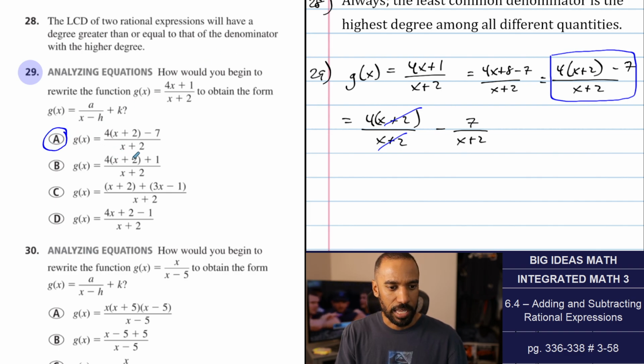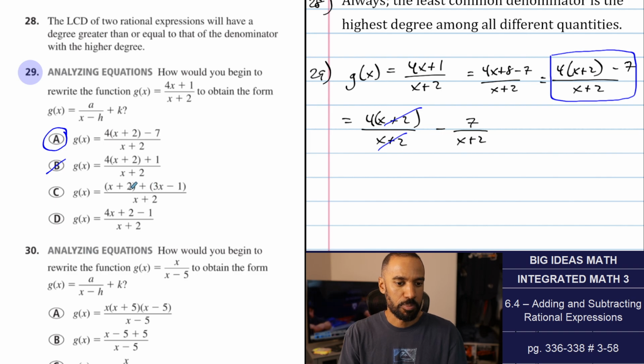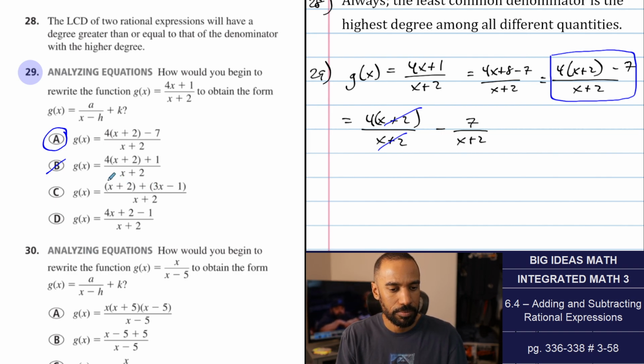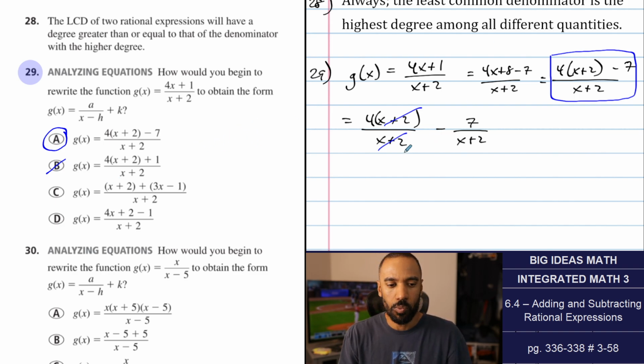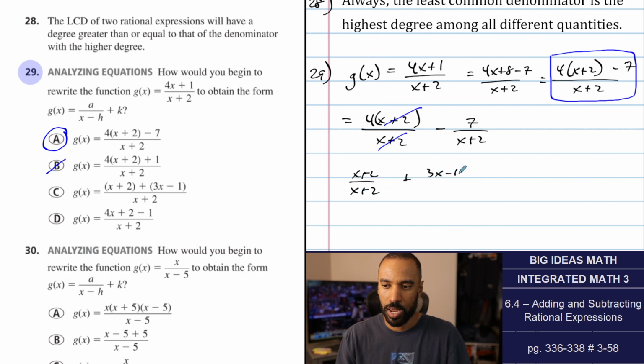Option B doesn't work. That's 4x plus 8 plus 1, that's 4x plus 9. That's not the same thing. Option C, that might be 4x plus 1, but this C works in its own right, but it doesn't work in the way that we want it to. If we split this up, it would be x plus 2 over x plus 2 plus 3x minus 1 over x plus 2. And these would become 1. This would become 1 plus 3x minus 1 over x plus 2.